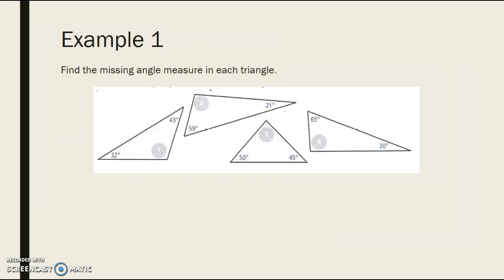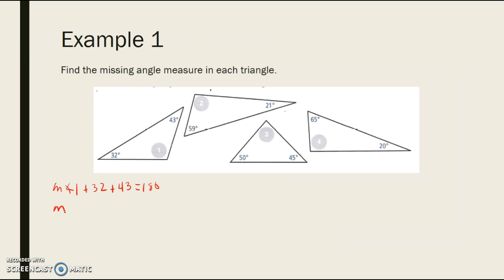So find the missing angle measures in each triangle. I know on your notes it's a little hard to see, but we're going to find these missing angles. For angle 1, I'm going to have the measure of angle 1 plus the 32 degrees plus the 43 is going to equal 180. So from here I'm going to take 32 plus 43, and we get 75.